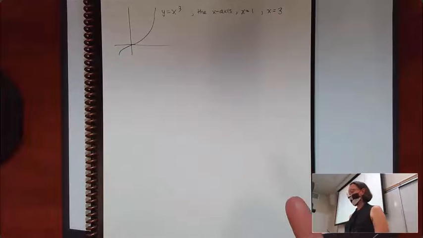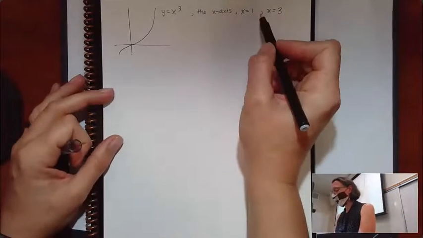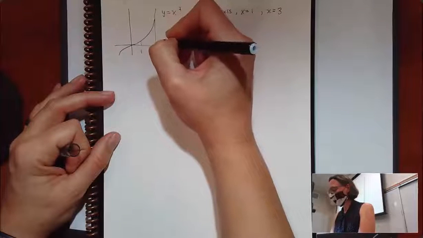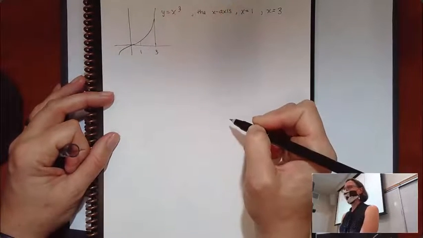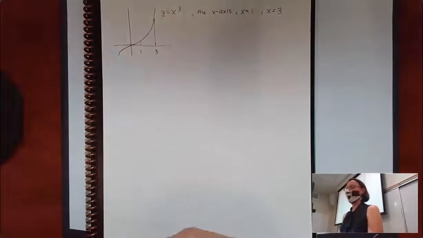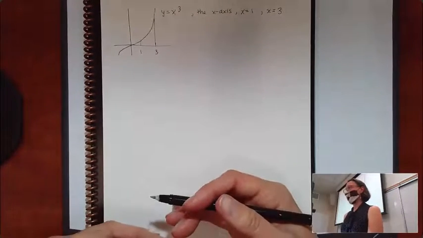Well, here we get to skip lots of steps because I've already given us that our bounds are going from 1 to 3. And then because it's the x-axis, I don't really have a top function minus a bottom function.